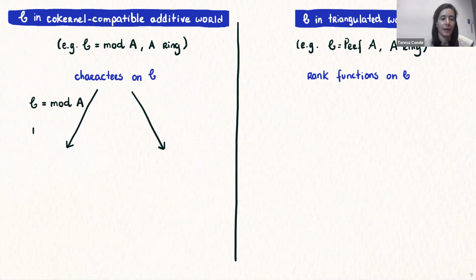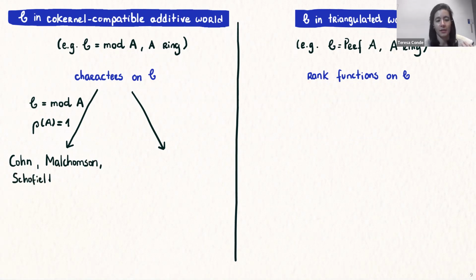So in the case C is the category of finitely presented modules over A, and if we require a normalization property, then there's the work of Cohn, Malcolmson, and Schofield on Sylvester rank functions, and I've said a bit before about this already.